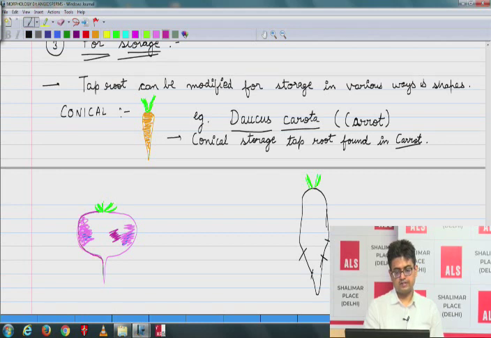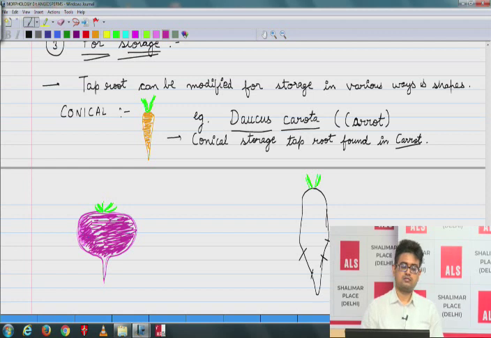And can you recognize this color? Can you recognize this color and this shape?